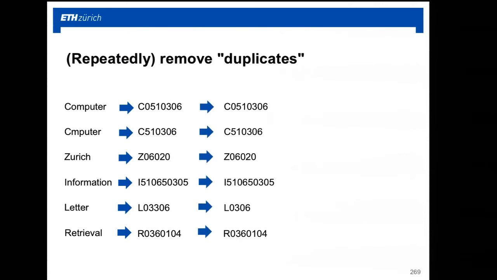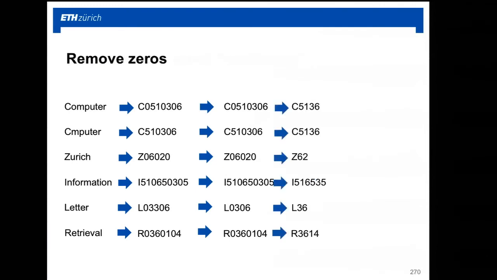Then what we do here is we eliminate repetitions. So you can see here we have 3, 3 because of the double T, and we replace it with a single 3, which makes sense because double T or T still sounds the same. So we remove duplicates. The next step is we remove the zeros, because actually we want to keep the fingerprints of the consonants in this algorithm. And the last part is, you can guess it.